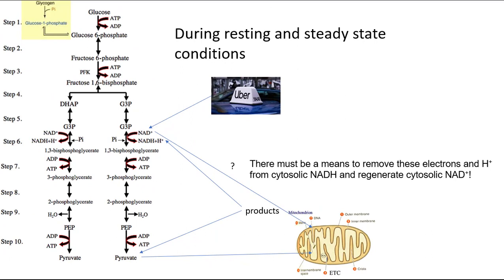From the previous lecture, you were informed about the production of 2 NADH molecules plus 2 protons. Given that glycolysis depends on regeneration of NAD+ to function as a substrate in step 6, there must be a means to remove these 2 electrons and 2 protons from cytosolic NADH and regenerate cytosolic NAD+.